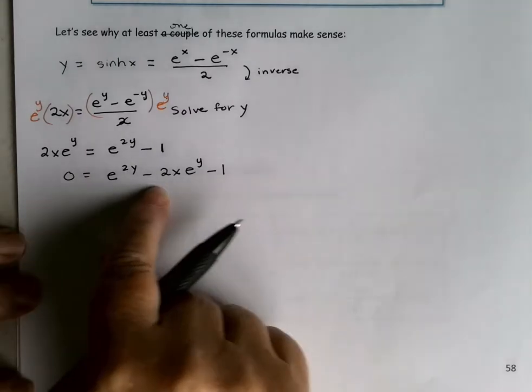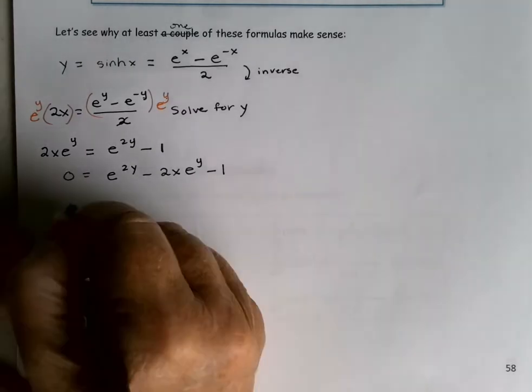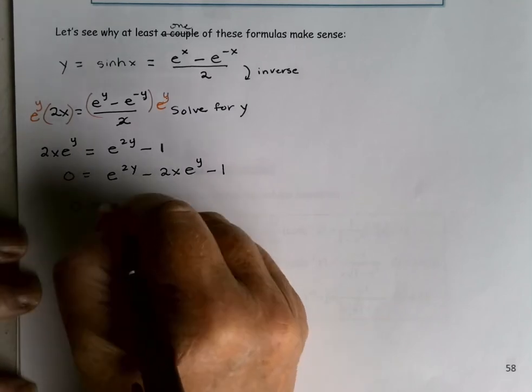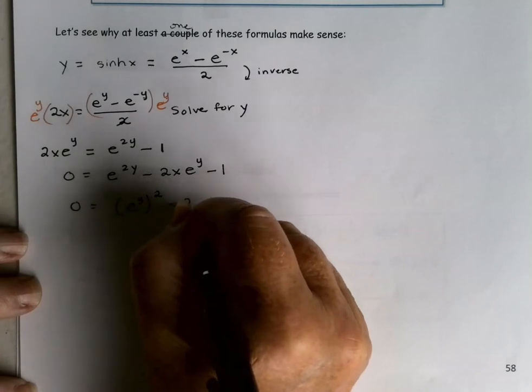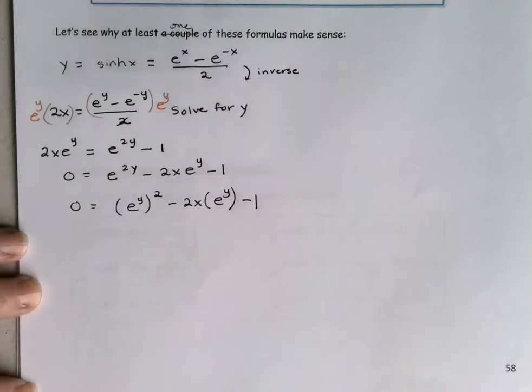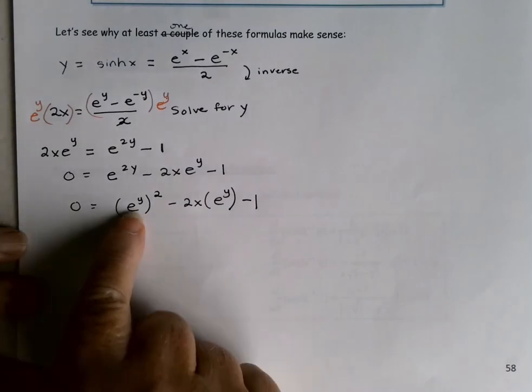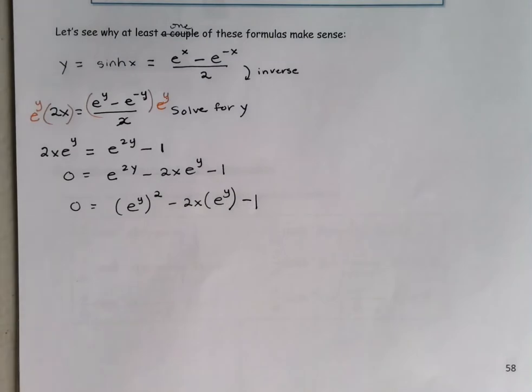And what I actually have here is a quadratic equation in e to the y. Think of this as e to the y squared minus 2x times e to the y minus 1. Something squared minus a coefficient times that thing minus a constant. Something like this is quadratic, meaning I should be able to solve it using the quadratic formula.